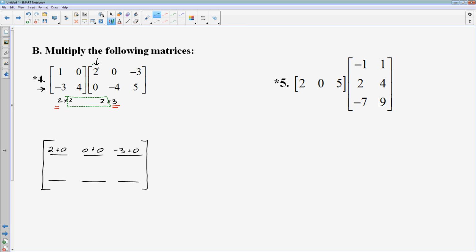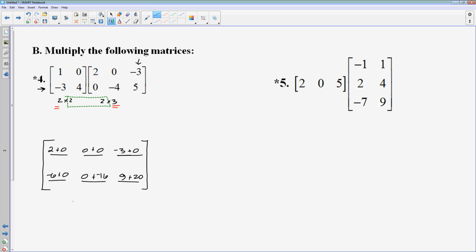So -3 times 2 plus 4 times 0. And then down the second column, -3 times 0 plus 4 times -4, which is -16. And then finally, second row, third column, -3 times -3 is 9, plus 4 times 5 is 20.